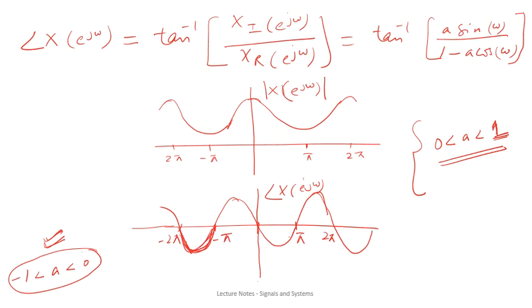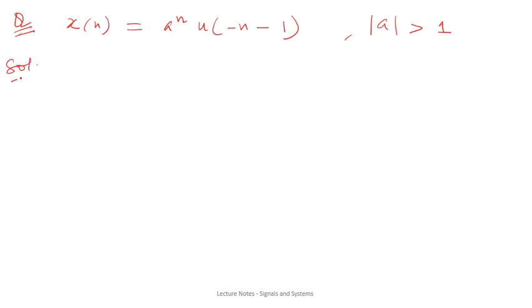Next we'll try to solve one more problem. Now the given signal is x[n] equals a raised to the power n times u of minus n minus 1, where a is greater than 1. So again you can start by writing the expression for the Fourier transform.